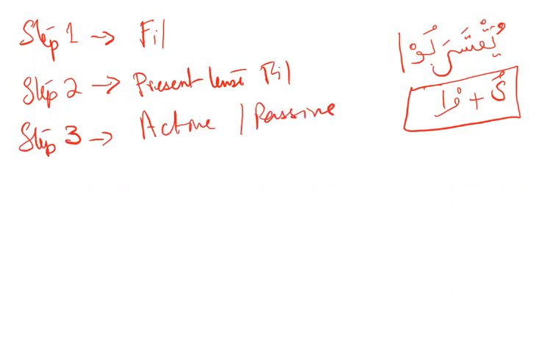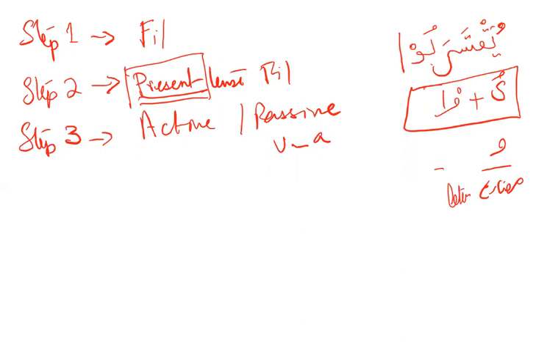Remember, with present tense, the passive is u and a, right? Yes, because you have the mudari letter with u, and then ra is your ain kalima, and it has a fatha. So u, a sound. So this is passive.